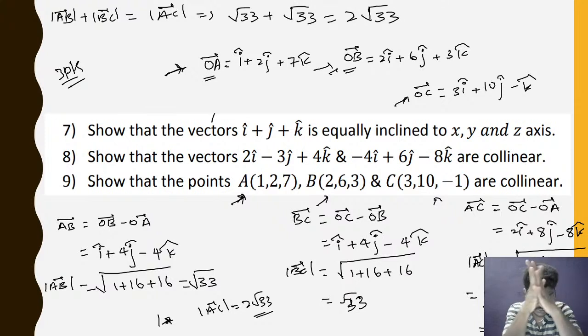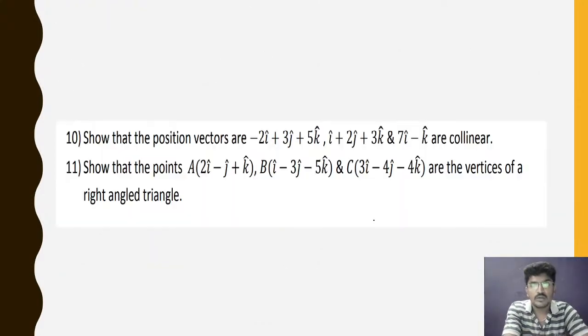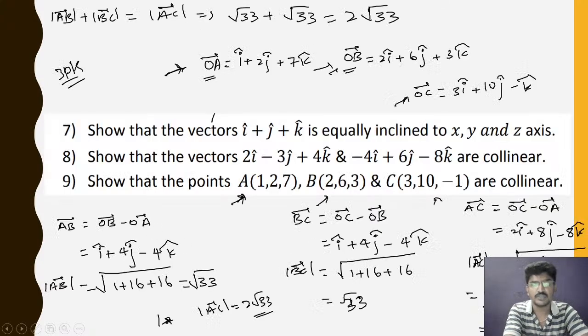Root of 132 is 4 into 33, that will be 2 root 33. Please reply me. What about the ninth problem? I am just asking because there is a little bit of disturbance with my photo on the screen. Have you understood the ninth problem? Okay. No worries. Everyone should reply.